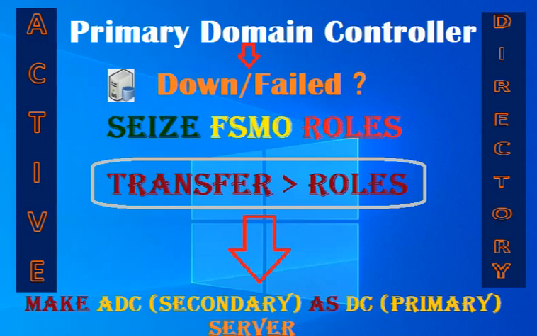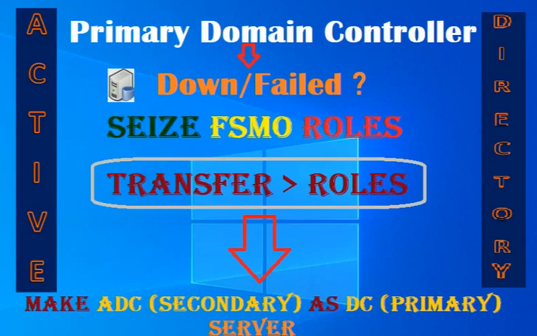In this case we'll transfer a few roles from DC to ADC for load balancing. If you have a domain server and an additional domain server, then for load balancing you can transfer roles from one server to another.